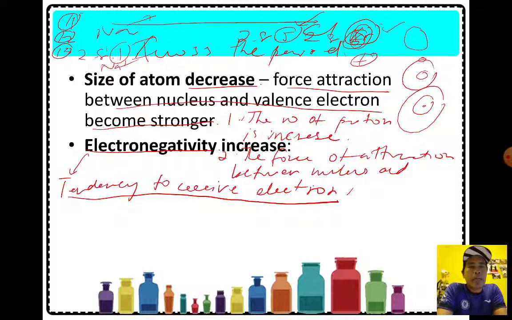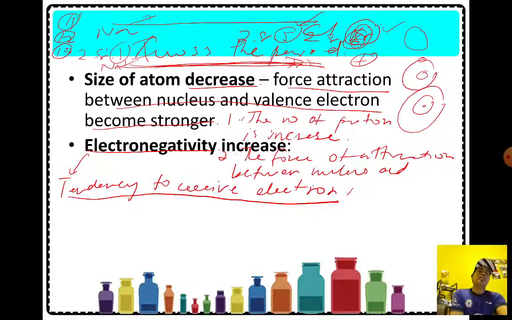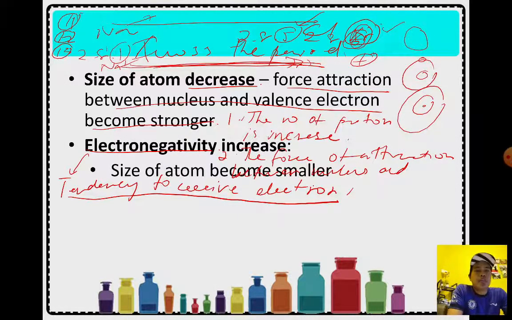Jadi semakin bergerak ke kanan, across the period, the electronegativity increase. Bermaksud kecenderungan untuk menerima elektron juga semakin bertambah daripada kiri ke kanan. Size of atom smaller. Okay, nak terangkan tentang electronegativity. The size of atom becomes smaller.